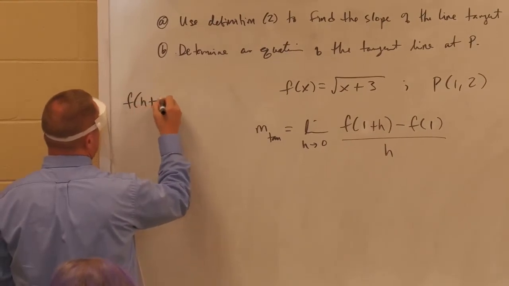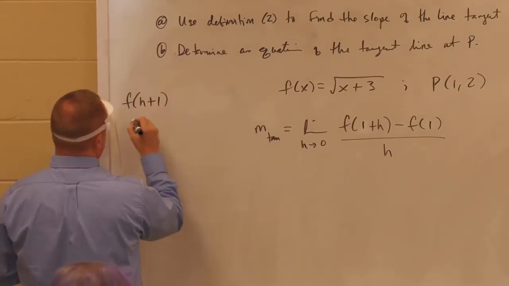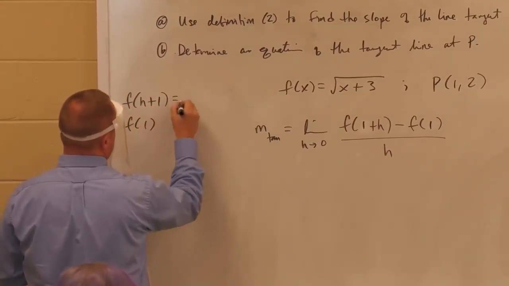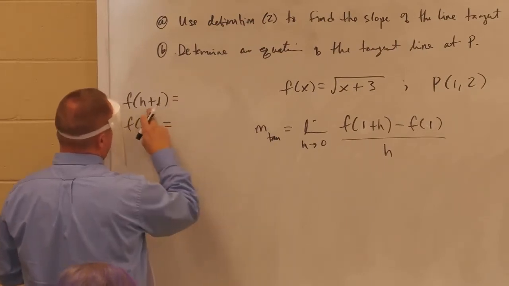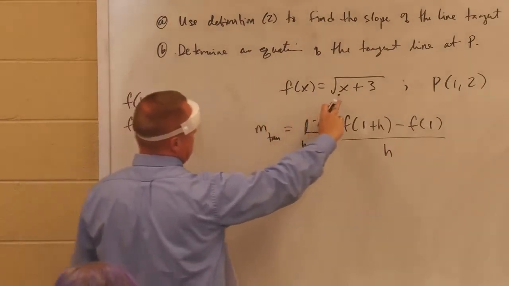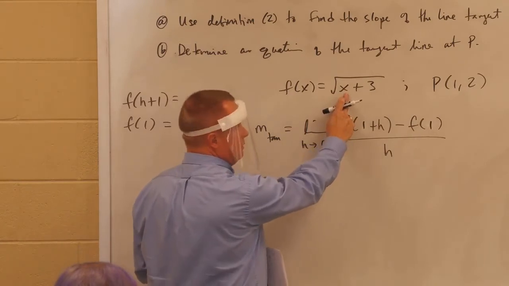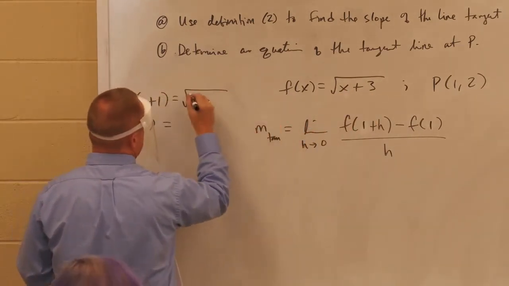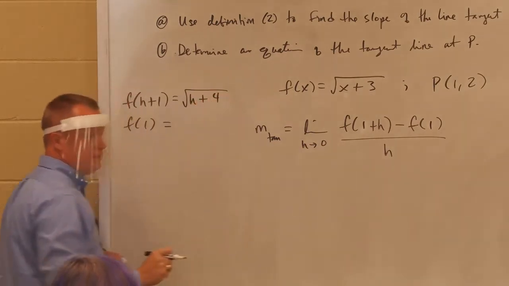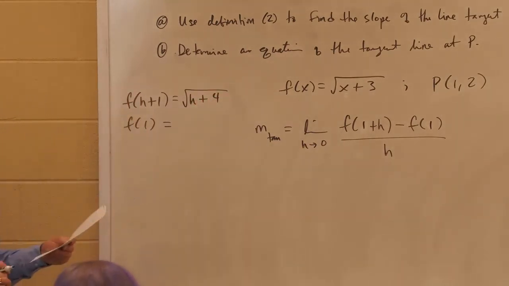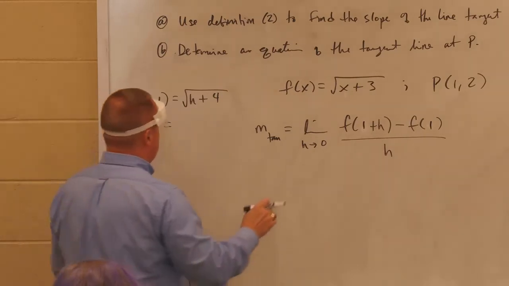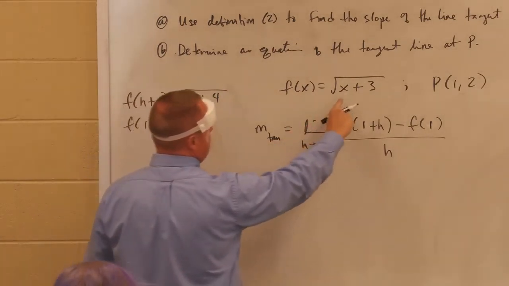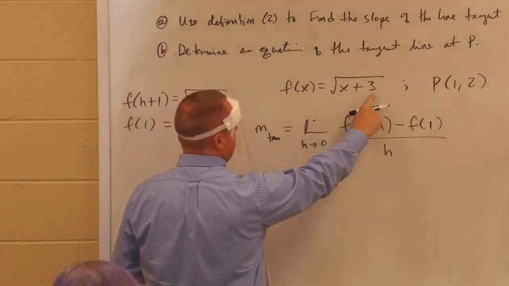All right, so now let's write out what f of 1 plus h is. I'm going to turn it around, h plus 1. And f of 1 is... All right, so if I put h plus 1 into the f function, I have h plus 1 plus 3, which is h plus 4, all right? Square root of h plus 4. And then f of 1, if I put a 1 in there for x, 1 plus 3 is 4.